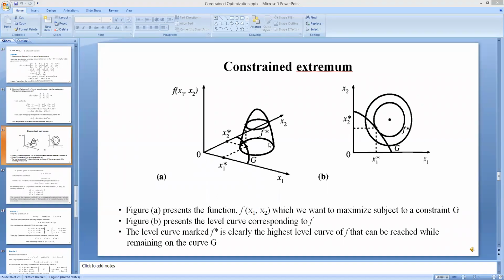Compared to the early exercises where we considered this kind of curve, the difference is we have a constraint. This constraint may be linear or non-linear. In the course, for constraint optimization, we will consider a linear constraint.